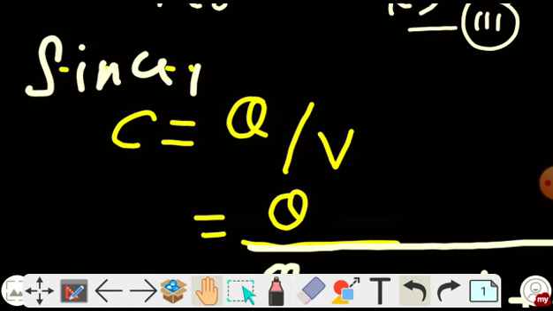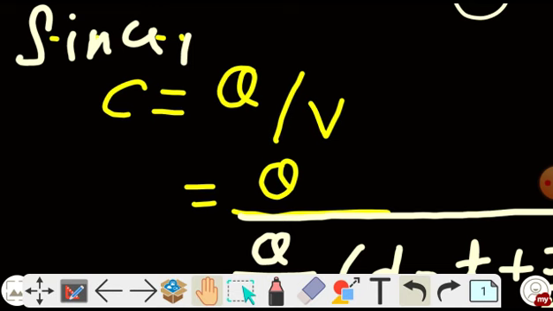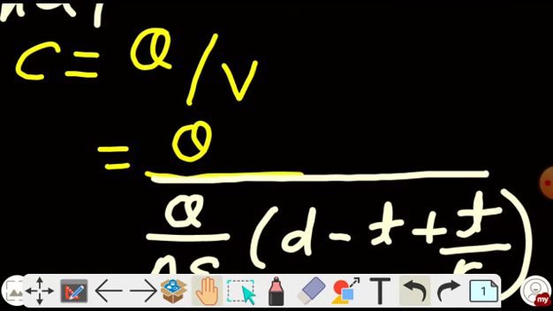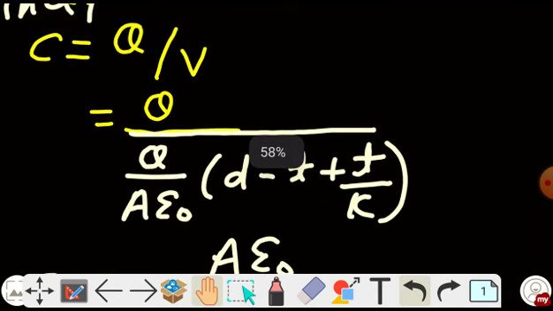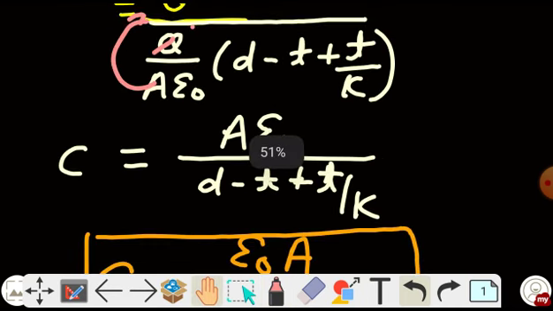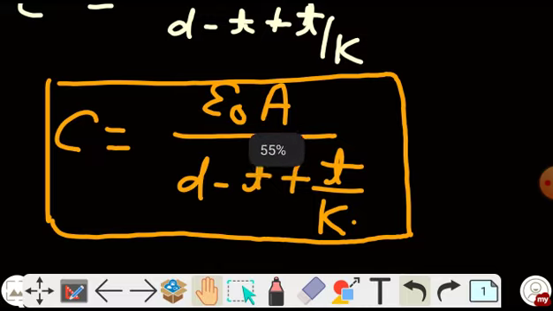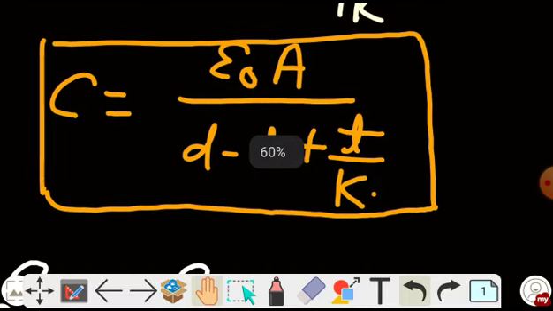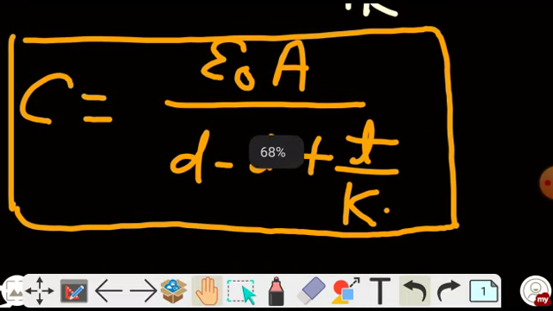Since we know that the capacitance is given by Q by V, where V is the potential difference between the plates, put the value of V obtained. I have put it here. This Q and this Q will cancel out. A epsilon naught will go to the numerator, and if you rearrange the terms, you will get the final expression of the capacitance as this.